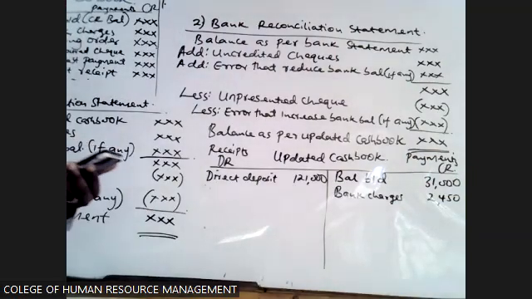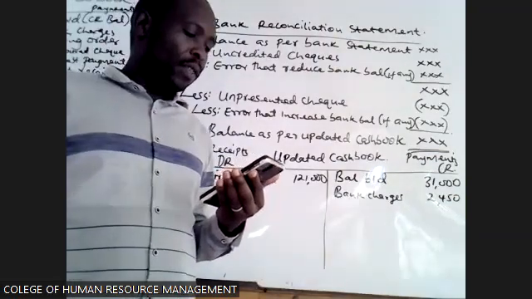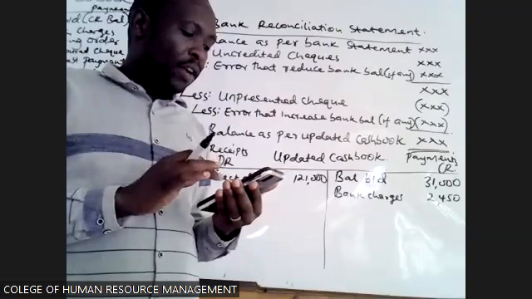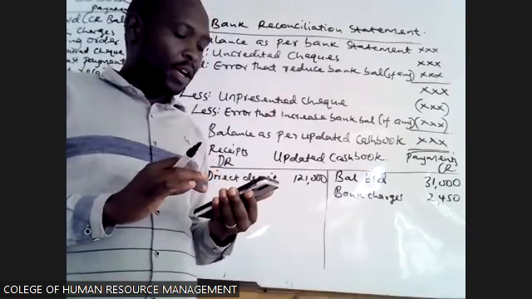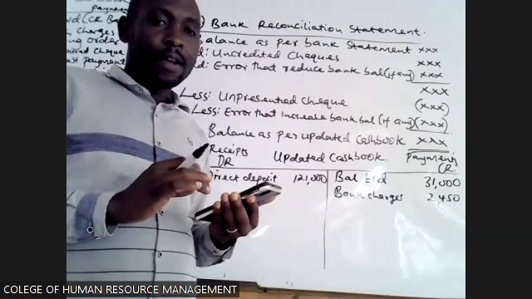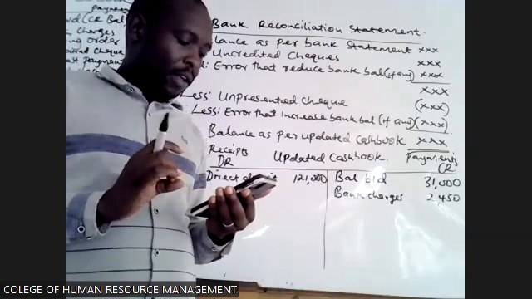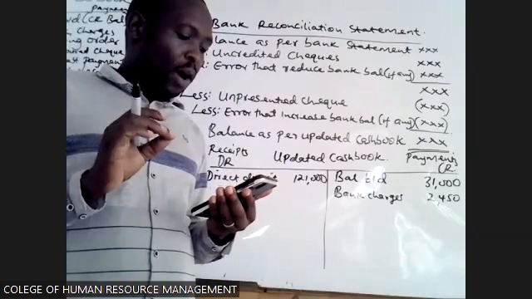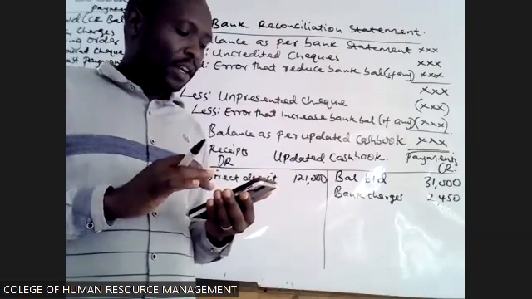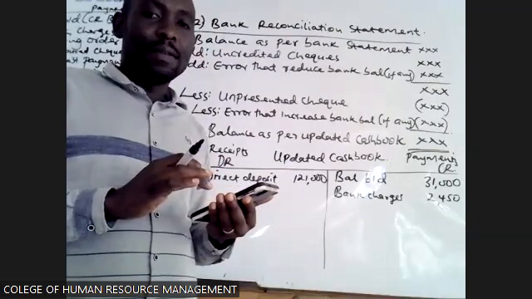Number 3, checks totaling 201,300 deposited by the firm had not been reflected on the bank statement.